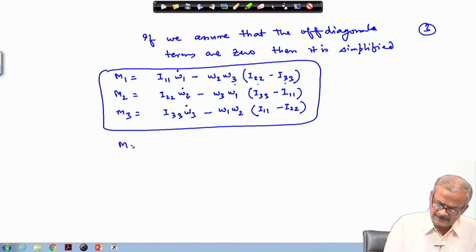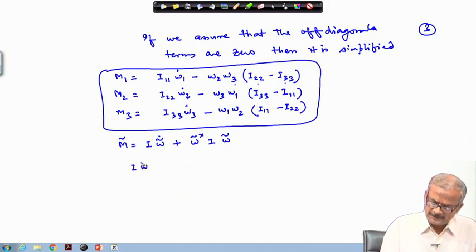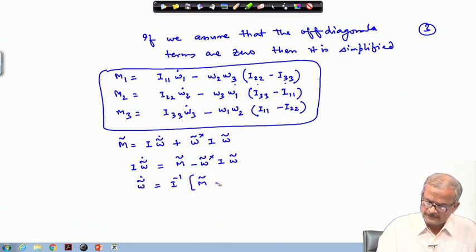So, our equation is basically m equal to I times omega tilde dot plus omega tilde cross I times omega tilde. So, here we can write I times omega tilde dot equal to m tilde minus omega tilde cross I times omega tilde, and omega tilde dot is equal to I inverse times this.